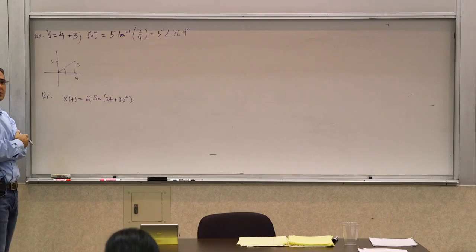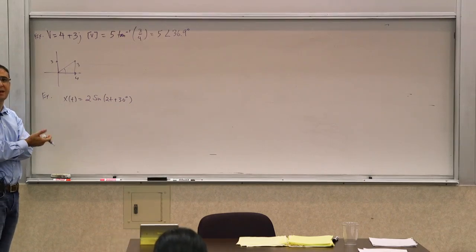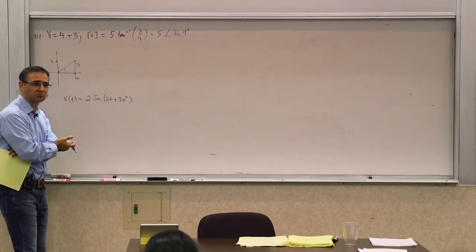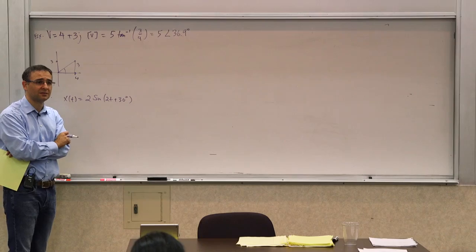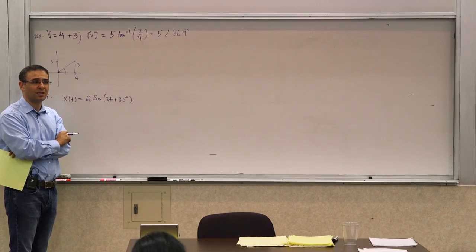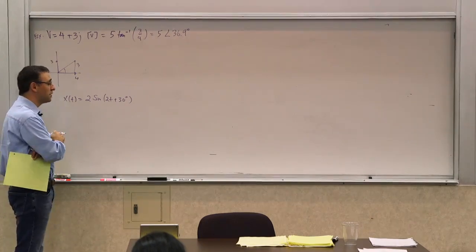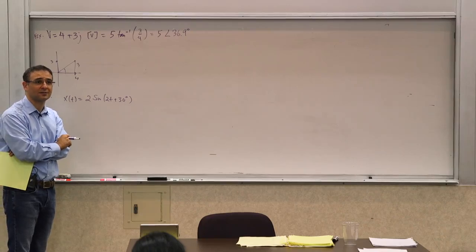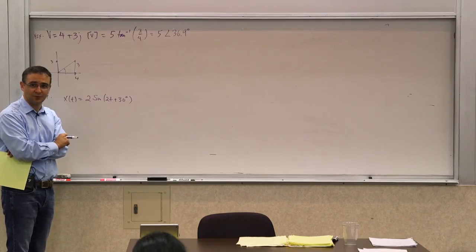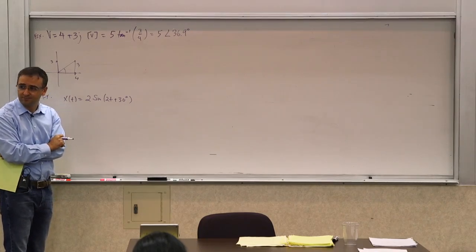What is the phasor representation of this thing? What's its magnitude? 2, we already know that. What's the phase? Don't say 30. You remember 30 is with reference to cosine. So you have to convert it to a cos, right?